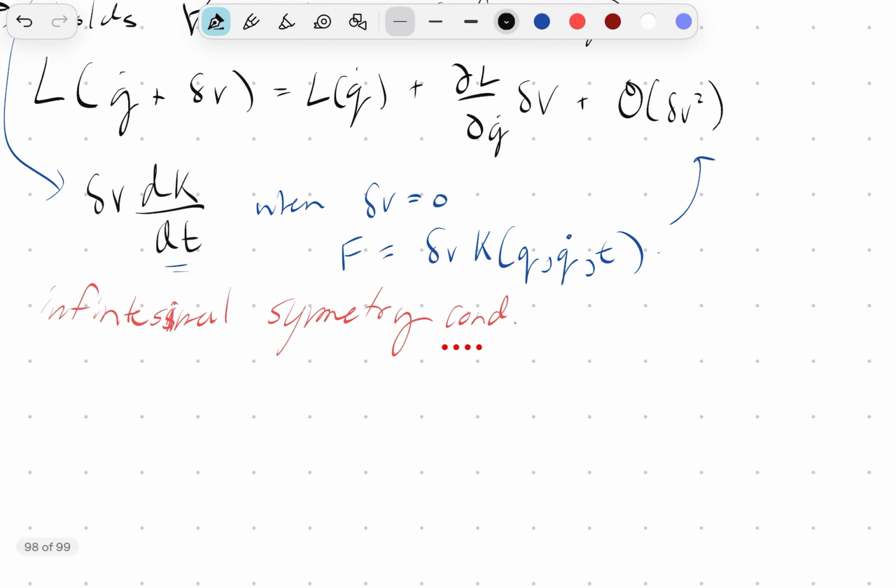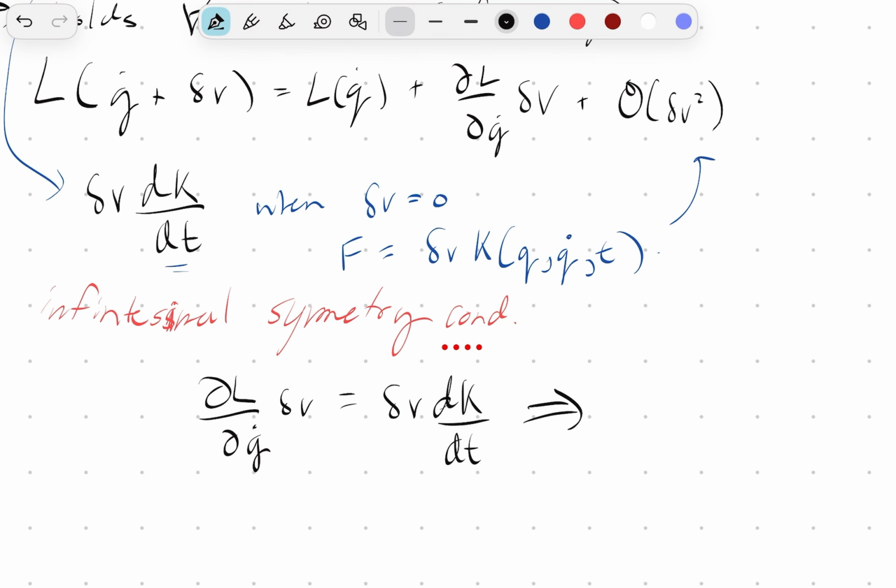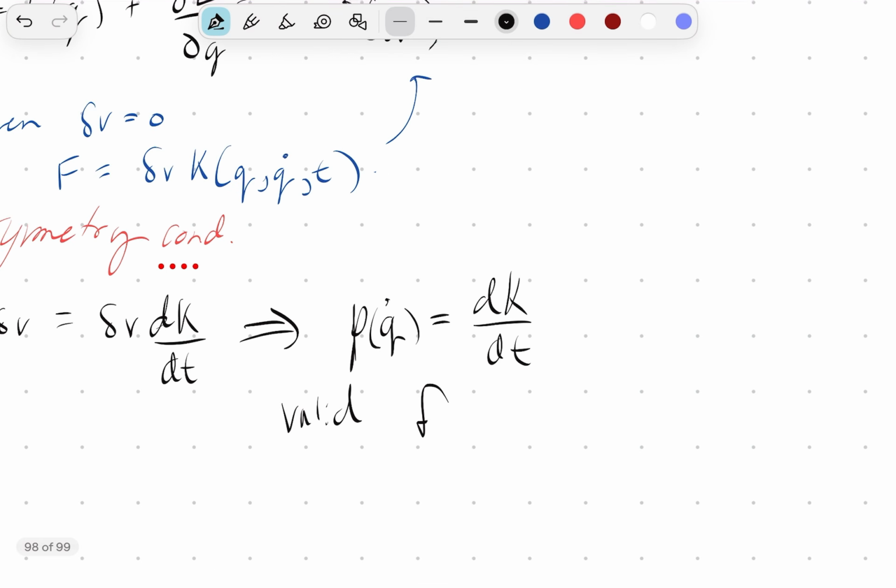And the infinitesimal symmetry condition tells us that the derivative of the Lagrangian multiplied by this variation of v should be equivalent to the variation of v times the total time derivative of this k coordinate, which implies that the momentum as a function of q dot should be equivalent to this function, valid for any trajectory.